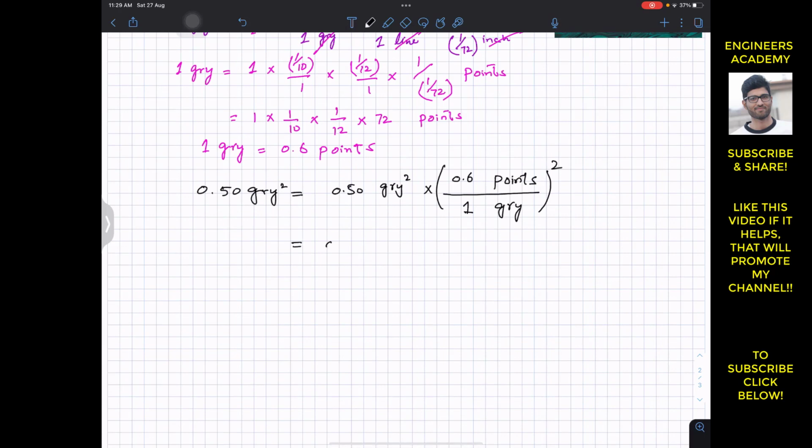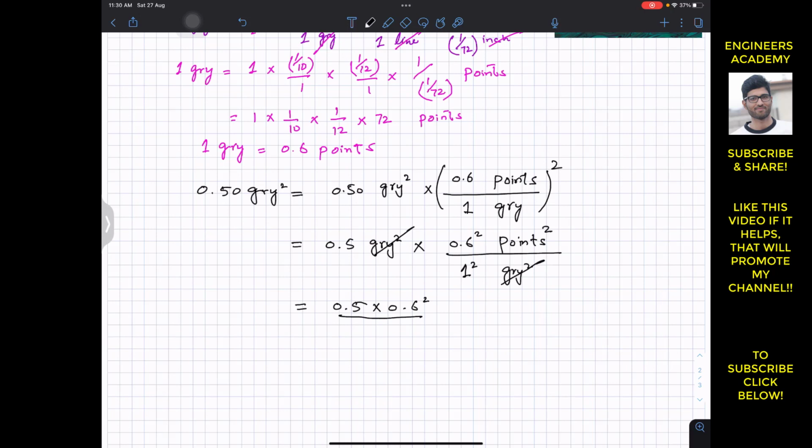So this will be 0.5 gray square, this will be 0.6 squared point squared divided by 1 square gray square. So gray square will cancel out, and we will be left with 0.5 multiplied by 0.6 squared divided by 1 square. So 1 square is 1, and this is point squared.